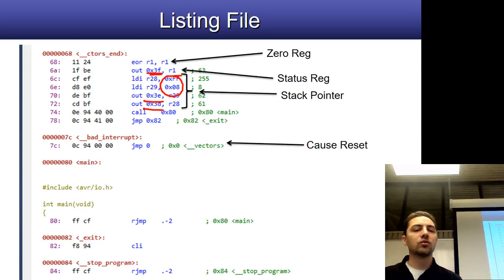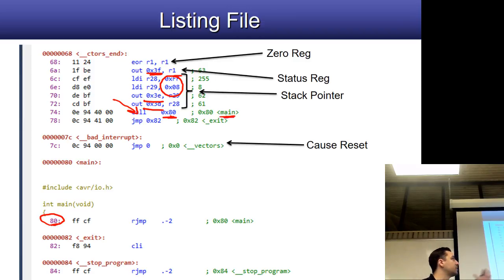Finally, it says, call address 80, which, you could go down here and look, or you could just say, that's the main function. This is a skill, being able to parse through this listing file. So you can see that there's a lot going on under the surface of this very simple program that does literally nothing. It sits there and does nothing.